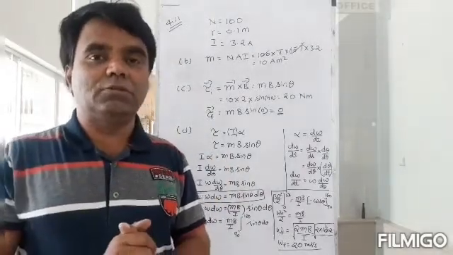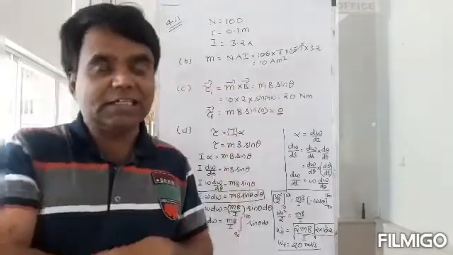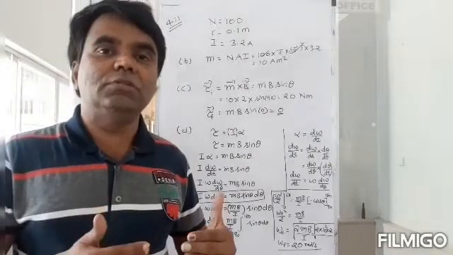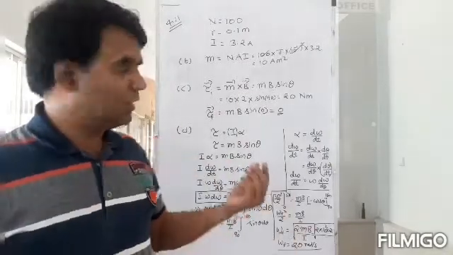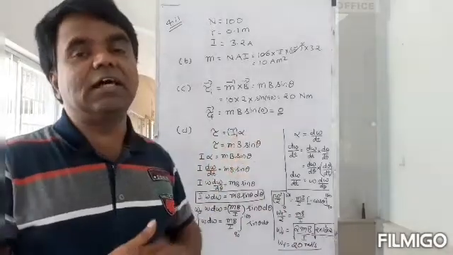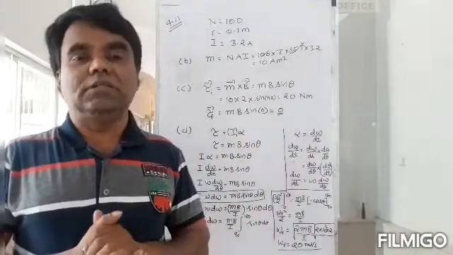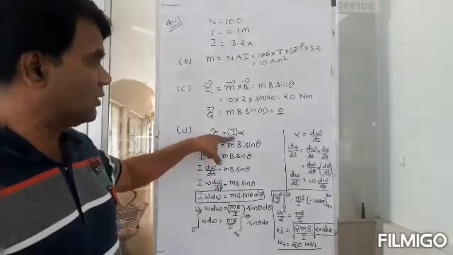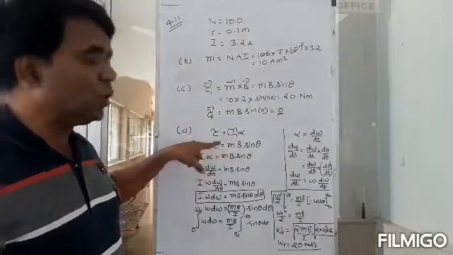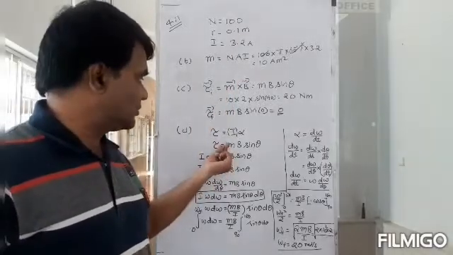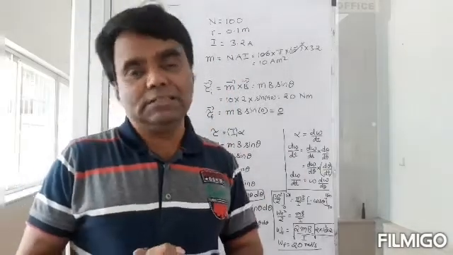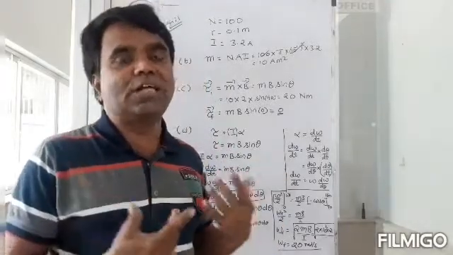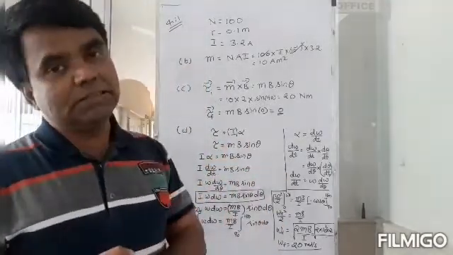So F is equal to ma in linear motion, and in rotational motion tau is equal to I alpha, where I is the moment of inertia and alpha is the angular acceleration. So that was one equation. Tau is equal to I alpha, and tau we know from here is mb sine theta.